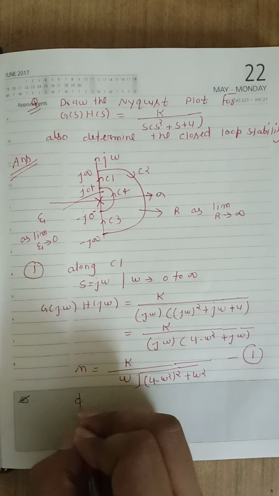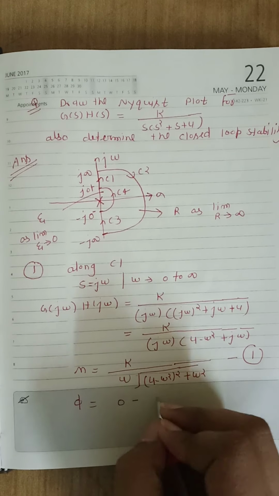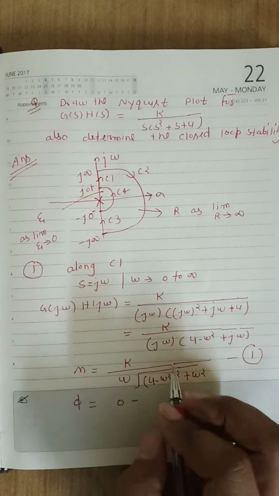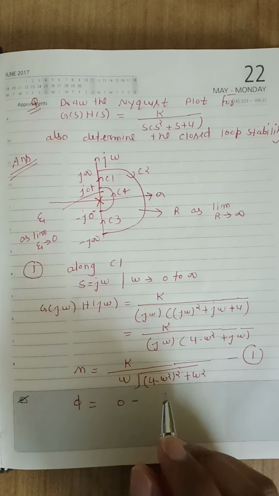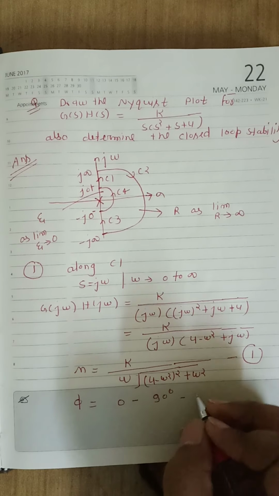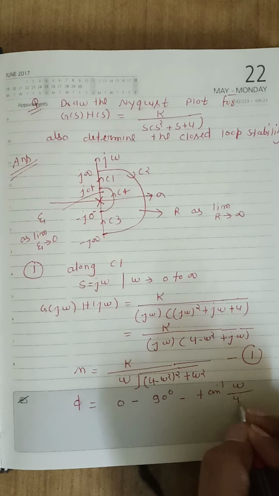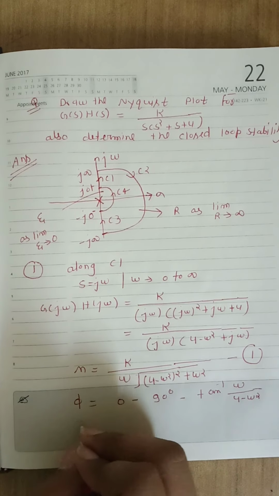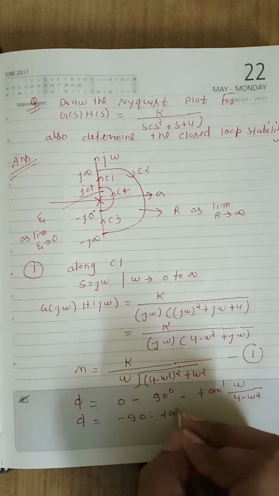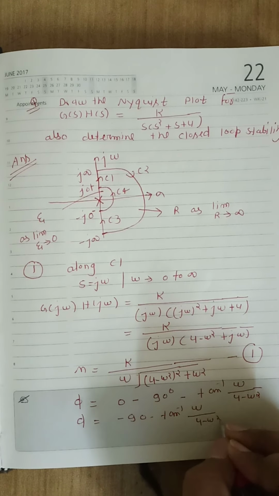Similarly, we can define the phase angle: for j omega it is 90 degrees, and it is in the denominator polynomial, so we have minus 90 degrees minus tan inverse of omega over (4 minus omega square).